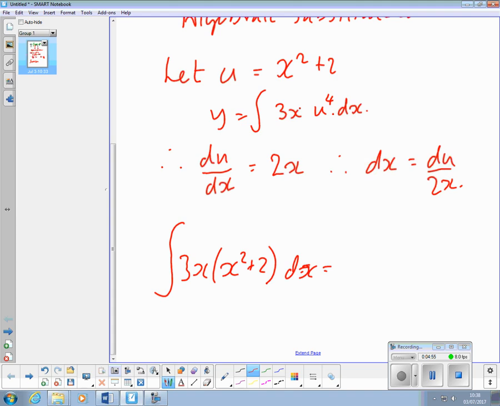is equal to the integral of 3x u to the 4, right? And now we want to replace dx with du by 2x. So we've got rid of the dx.